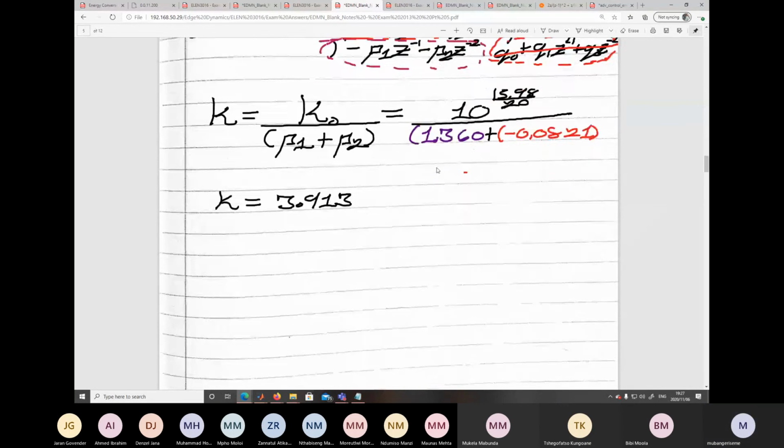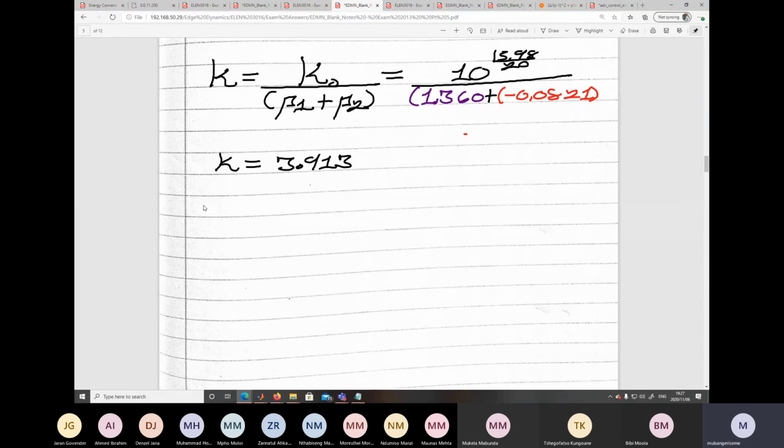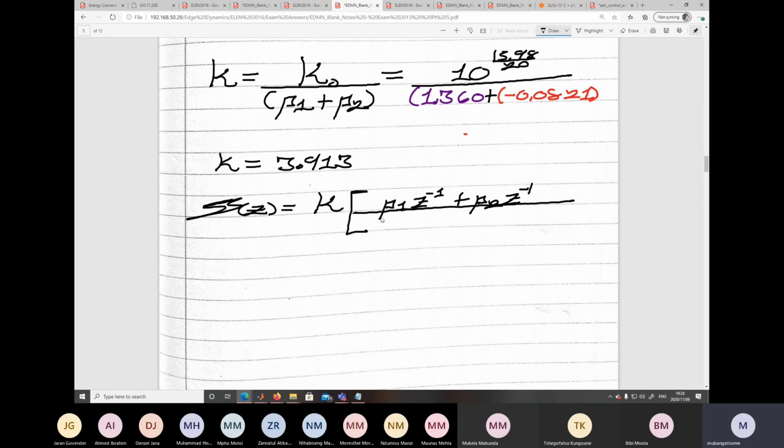Now, I saw in your notes, sigma z is equal to k, P1 z minus 1 plus P2, right?